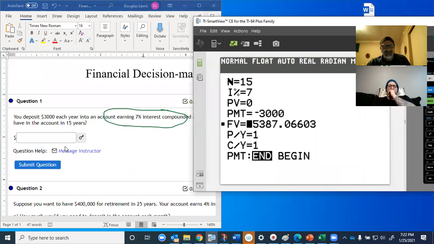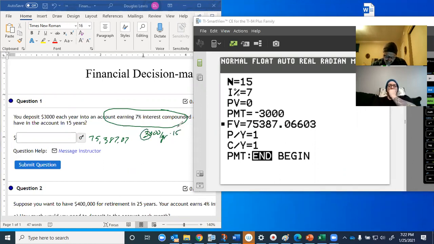wow, well, how much money did we really put in? If we have $75,387 in the account now, we only put in 3,000 per year. And that was only one time per year for 15 years.